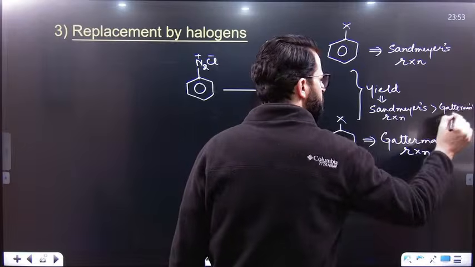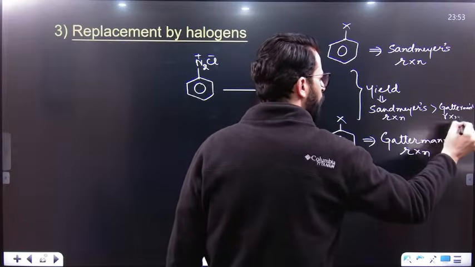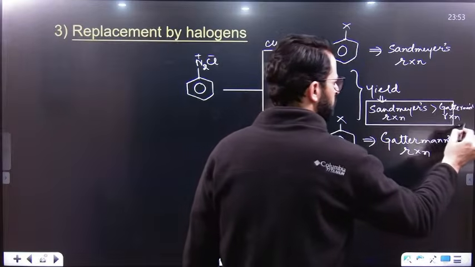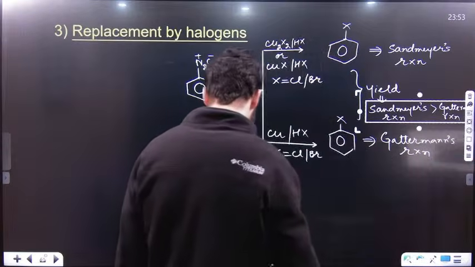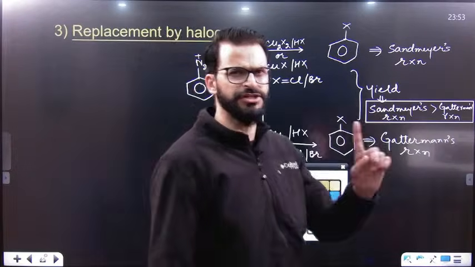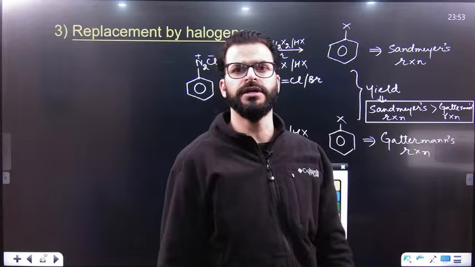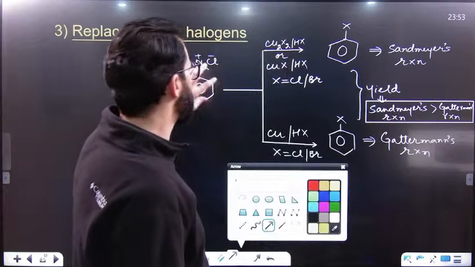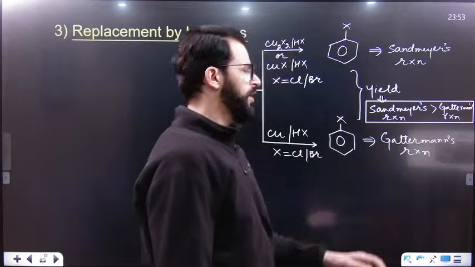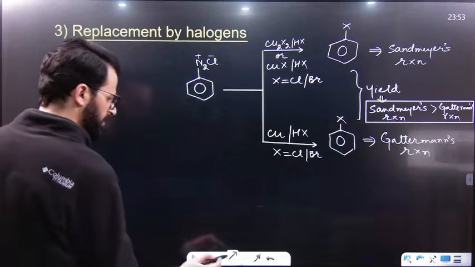So remember this: the yield of chlorobenzene and bromobenzene will always be more in Sandmeyer's reaction. That means if we want to prepare chlorobenzene or bromobenzene from benzene diazonium salt, Sandmeyer's reaction is preferred over Gattermann's reaction.